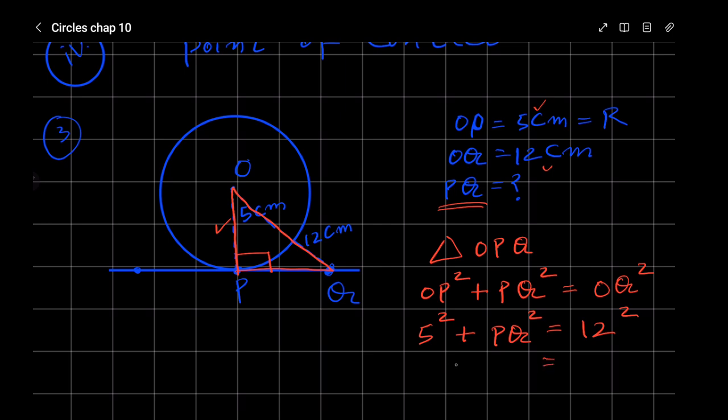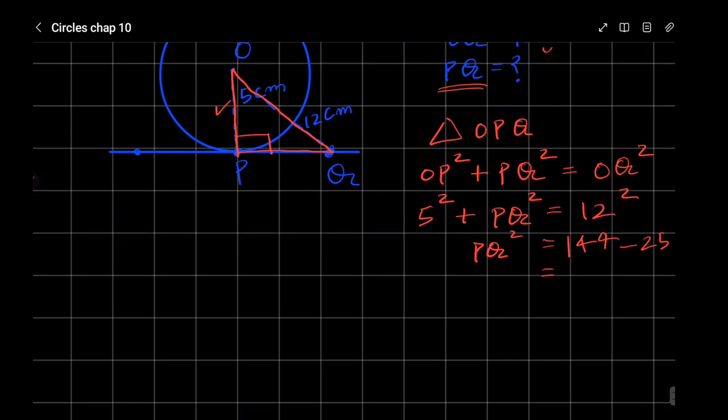So 5 squared is 25. Let us bring it here. So 144 minus 25 is how much?